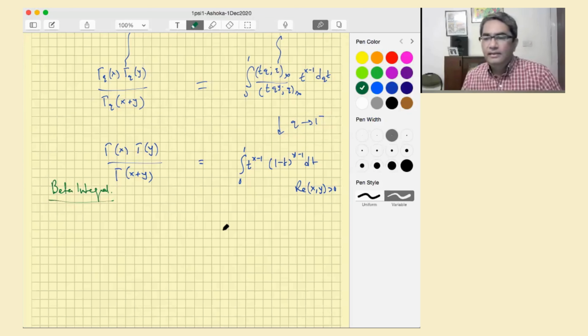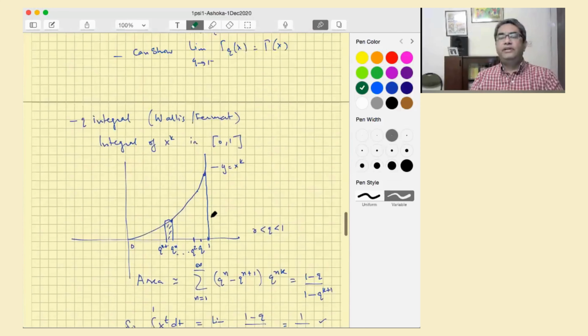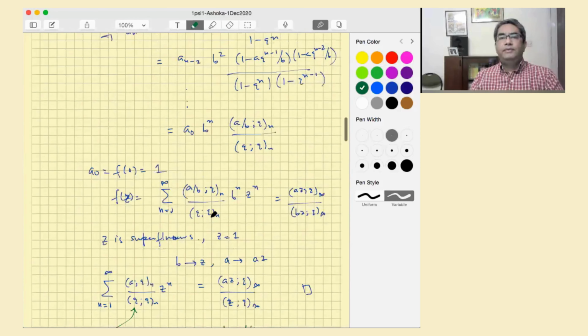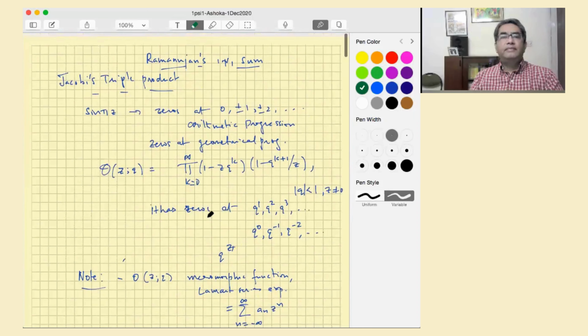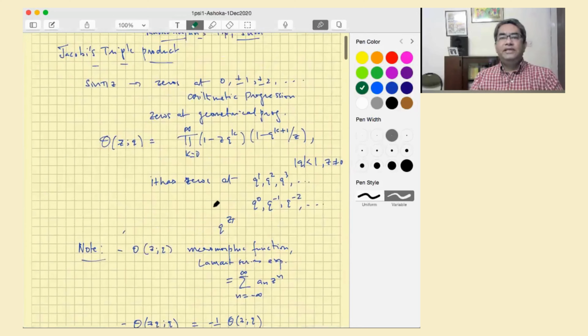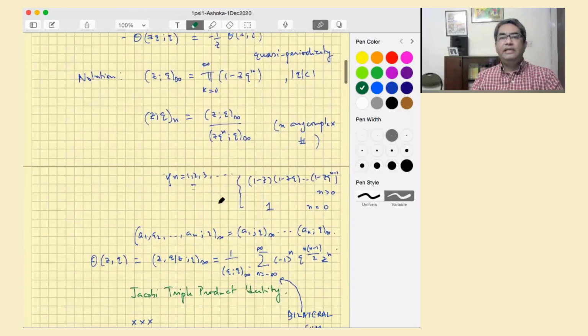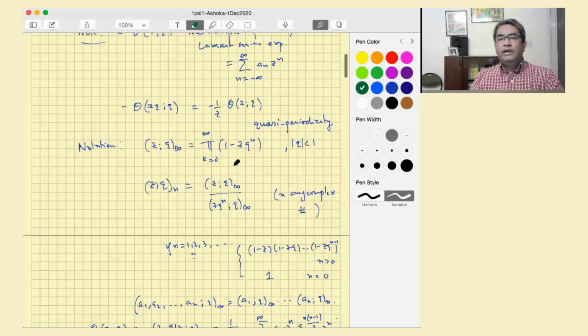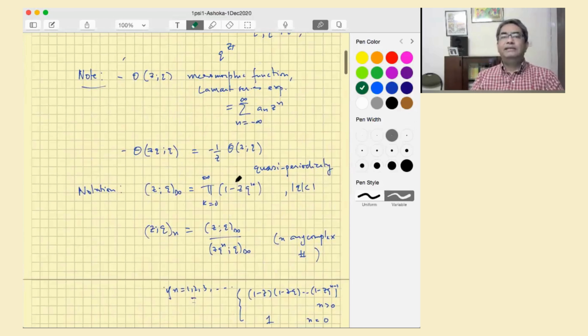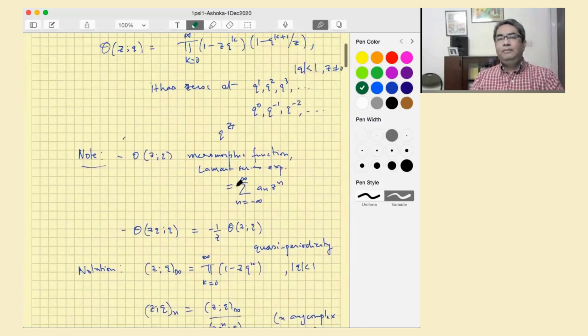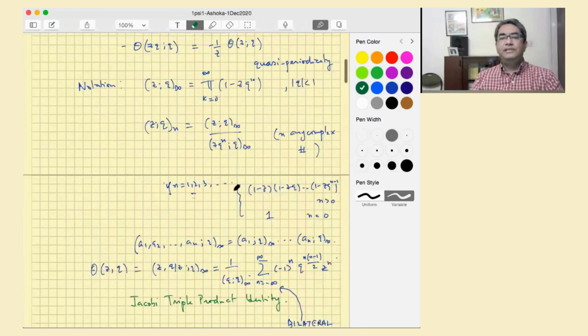So far I've been meeting my targets. Just to summarize what we have done so far, we began with the Jacobi triple product identity, and I will at some point show you that whatever we will end up with, Ramanujan's 1 psi 1, actually generalizes this.